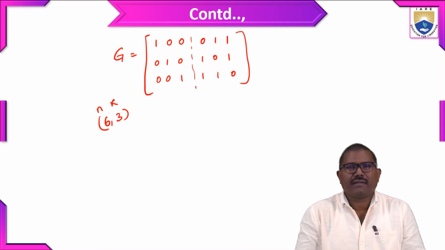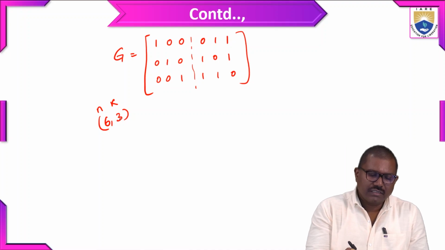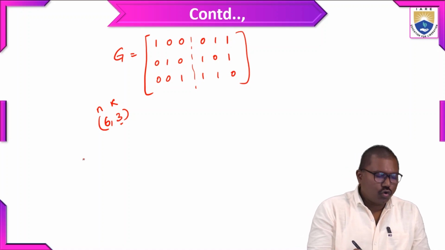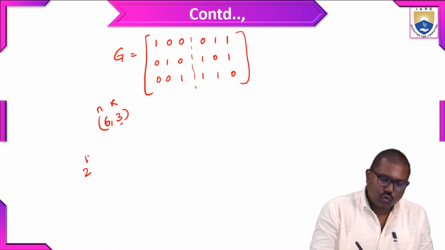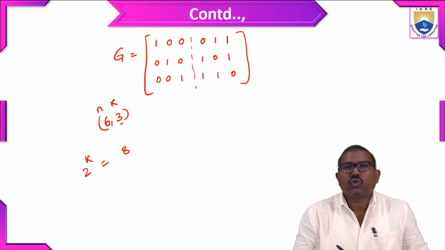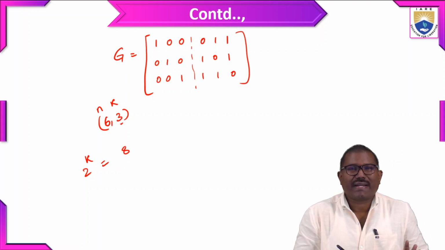Then how do you find them? Here it is simple. They have given K. What is K? The message size. So 2 power K gives 8. So totally we have 8 code vectors in this block code.